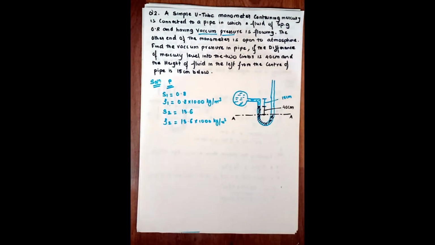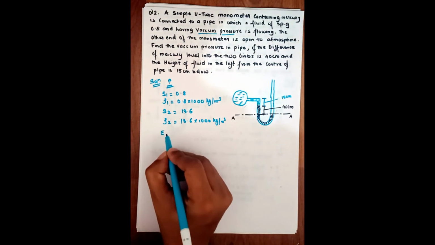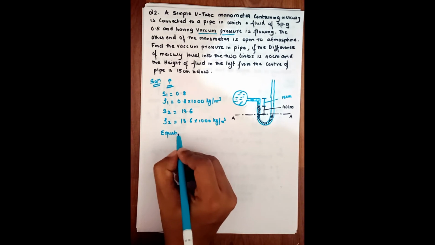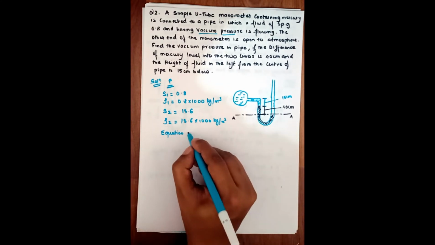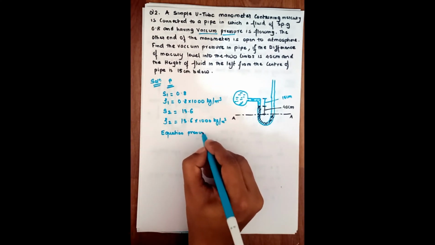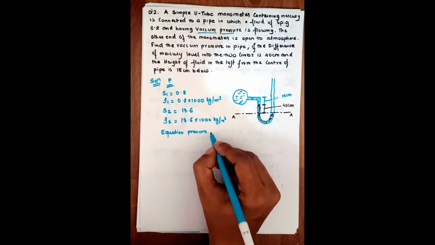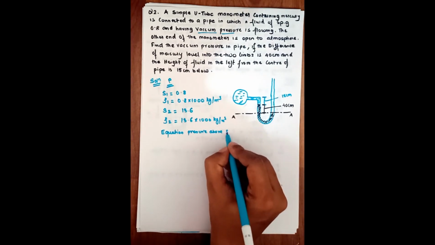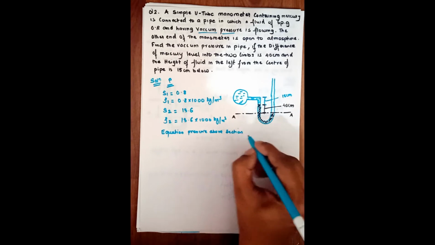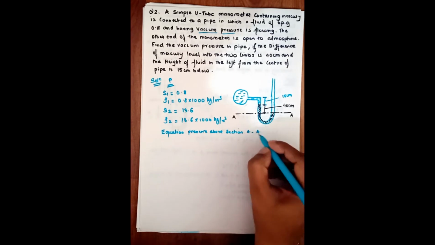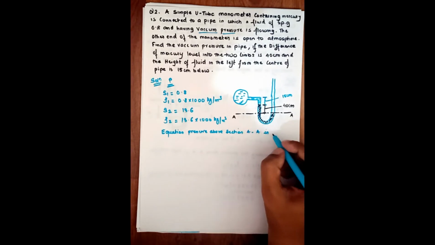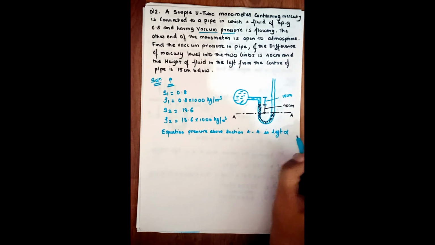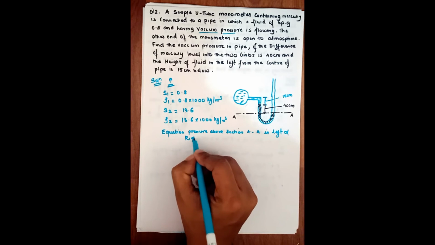Okay, now we will equate both the equations again. Equating pressure above section A in left and right limbs.